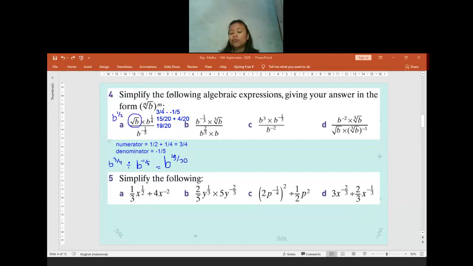We have to make it into root form. So we change it into 20th root of b to the power of 19. Is there anyone having any question? Or maybe the explanation is not clear enough for you? Do you need me to clarify it more?